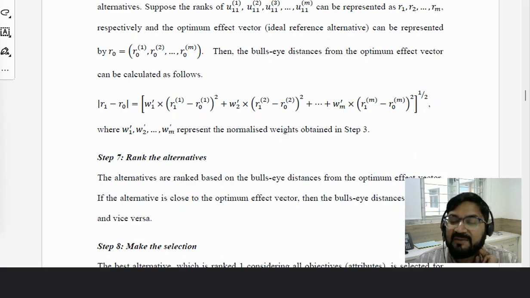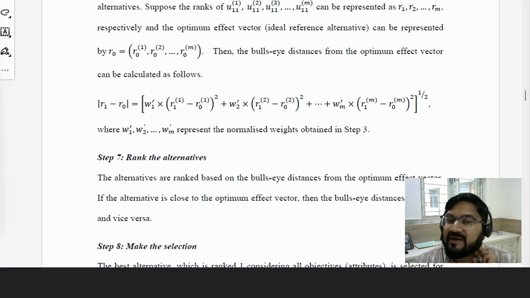The weight W1 multiplied by (R1 minus R01) the whole squared, plus the second weight W2 multiplied by (R2 minus R02). What is R02? It is the ideal referential alternative rank, which is always 1, right? So R01, R02, etc. are 1, 1, 1 values, and R1, R2, R3 are the actual ranks of our alternative.